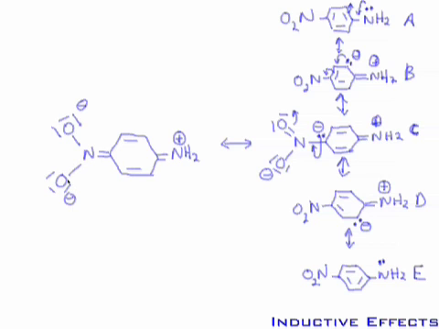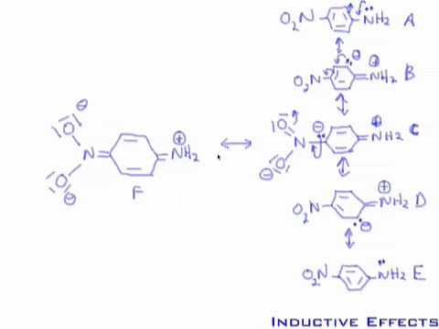So here we go. And I draw this structure, and we've got an extra resonance contributor, F, where the negative charge lone pair is removed from the nitrogen, delocalized out to these oxygens.